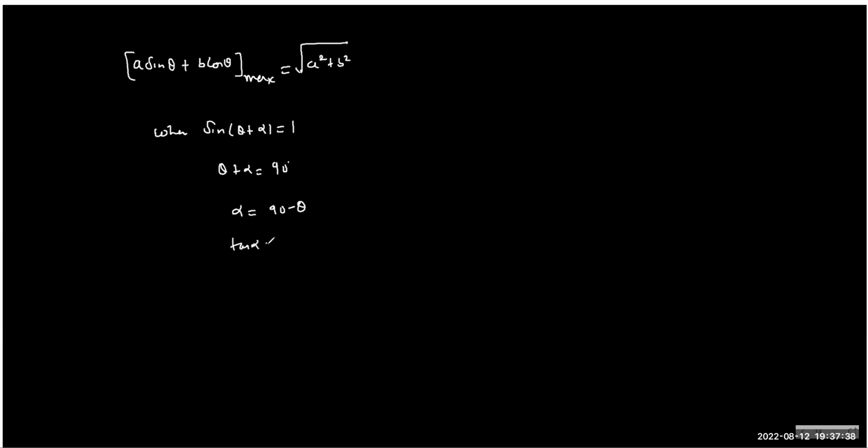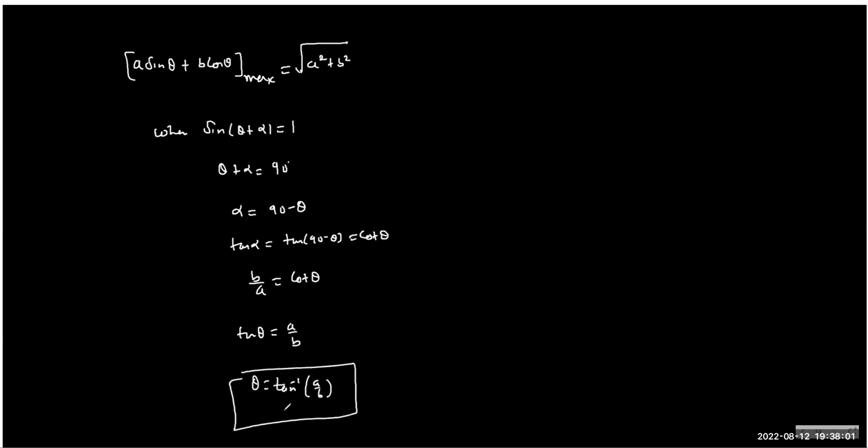So tan alpha is tan(90 minus theta), which is cot theta, and tan alpha we got is B by A. So tan theta is basically A by B, and theta is tan inverse A by B. At this particular angle the function will attain the maximum, and the maximum value will be equal to root of A square plus B square. That is what you have to remember without worrying much.